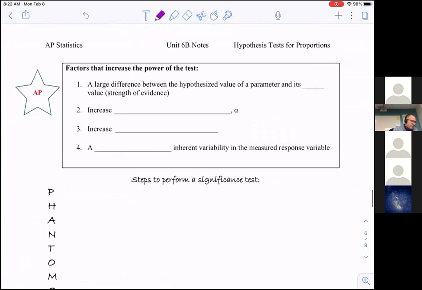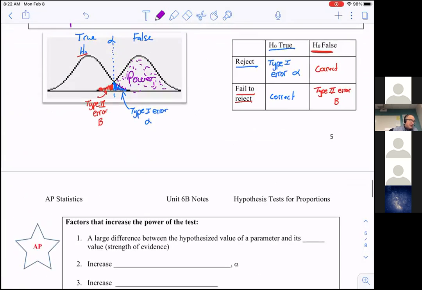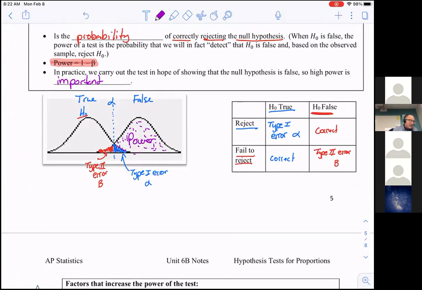All right, so now let's go back to the power of the test. The power of the test is this right here. It is our ability to correctly reject a false null hypothesis. If I slide the alpha level to the left and make it bigger, I am increasing my type 1 errors, but my test has become more powerful because I'm going to catch that false null hypothesis.